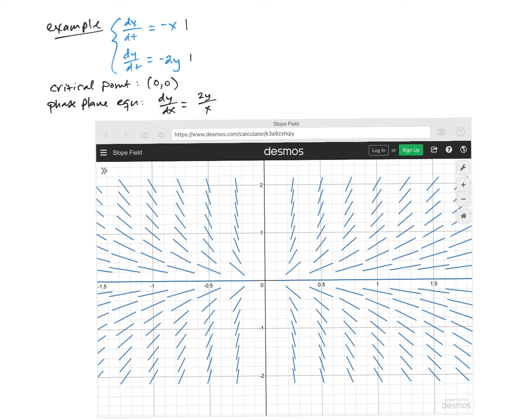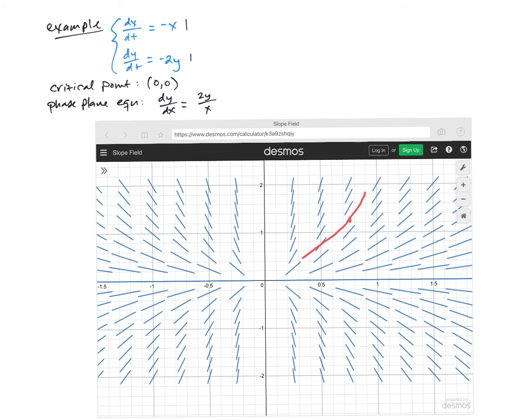So we need to still figure out what's going on here. So let's say we had a point here. Now our trajectory, we can see, is going to go down this way, or it could go up this way. We haven't figured out the arrow yet.